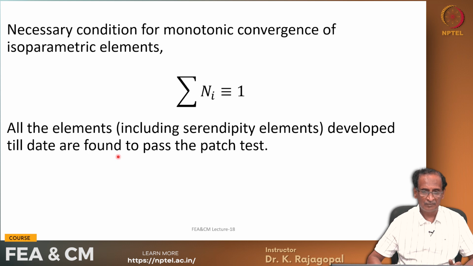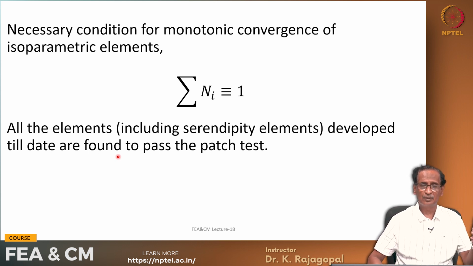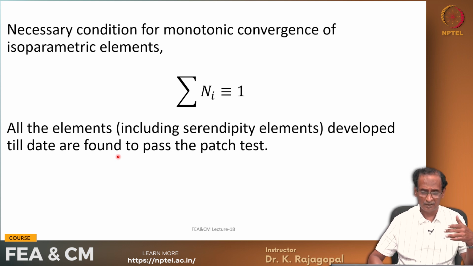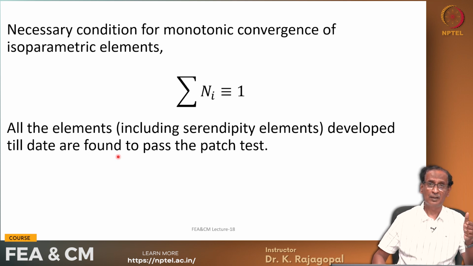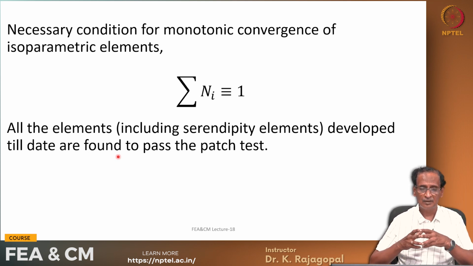And we have already seen that sum of N_i should be equal to 1 for monotonic convergence, and usually all the elements that we have do pass this patch test, because all the isoparametric elements that we have derived have this condition of sum of N_i being 1.